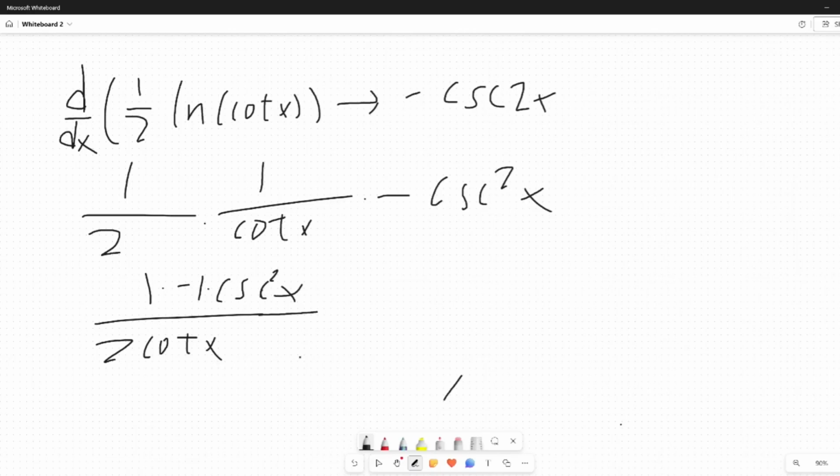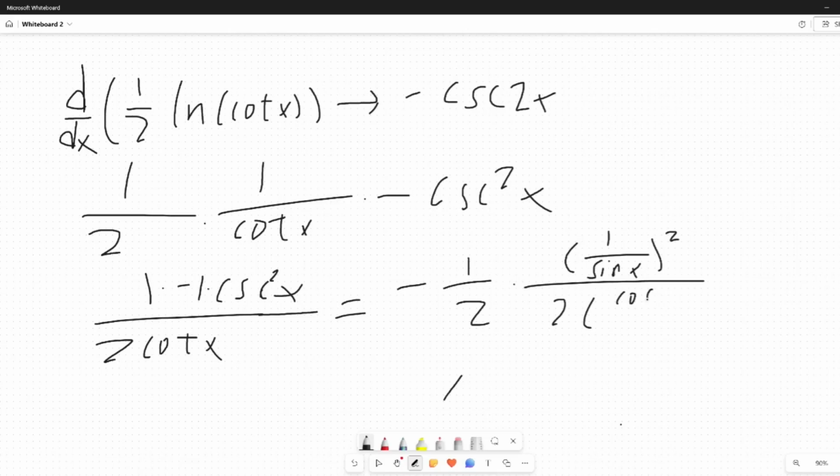So we're going to be left with negative 1/2 times 1 over sine squared x, over cosine x over sine x.